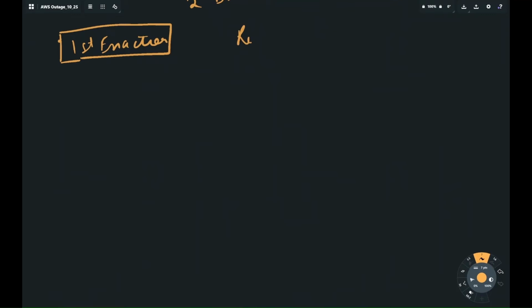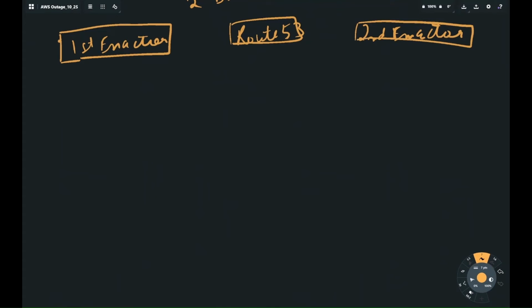This is our Route 53. And here is our second enactor. Basically, when I say second enactor, there are multiple instances, as there are in microservice architecture. Now, this has some initial state, where the correct mappings are present.